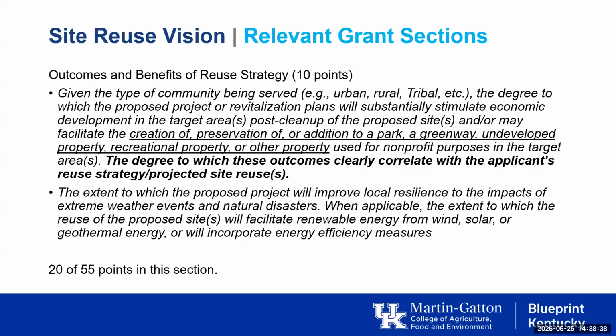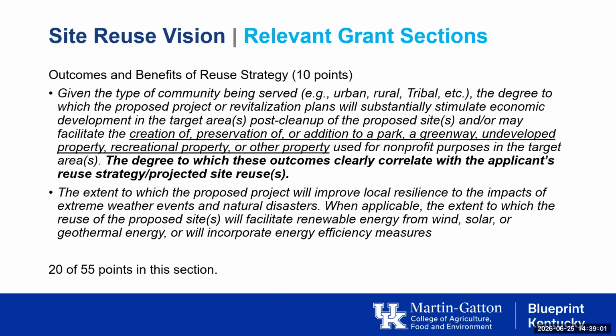What is your reuse strategy? Is it a single site? Is it multiple sites? And also up here, this piece that's underlined, back to the five different areas of common reuse. We see a park, a greenway, undeveloped property, recreational property, other property. So leaning into this idea of, what are we cleaning up and what can it become that fits into these parameters.